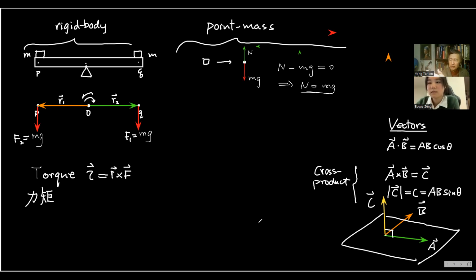You use the forefinger toward the direction of the first vector and bend it to 90 degrees. And the thumb will give you the direction of the product, called C. This right hand rule is very useful. When you study the magnetic force, you can also use the right hand rule.